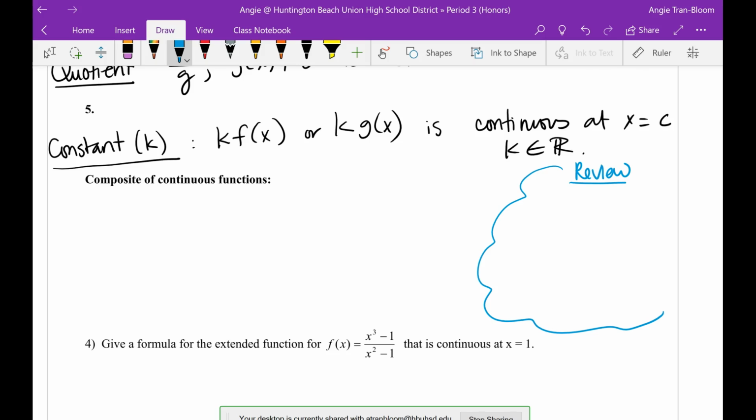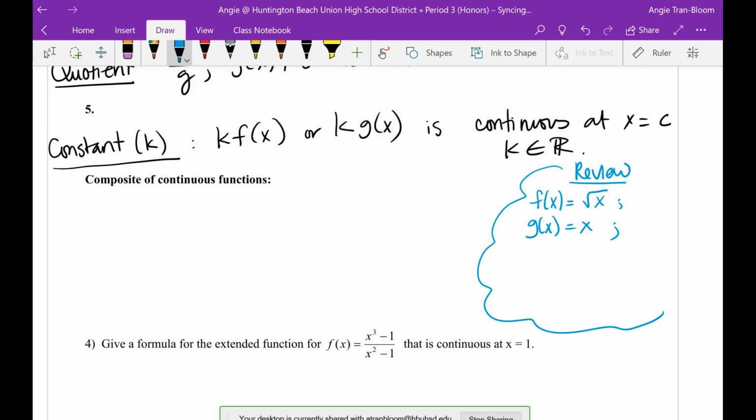Because the definition of composition is a little bit more difficult to comprehend, I'm going to give you a review first. I will give you f of x and g of x. g of x is x. f of x is the square root of x.